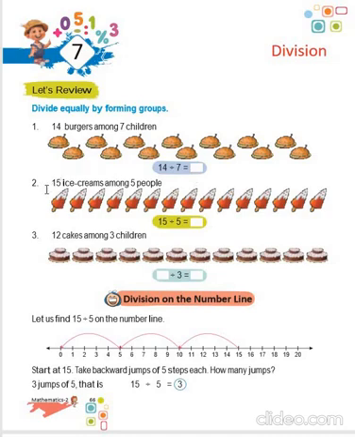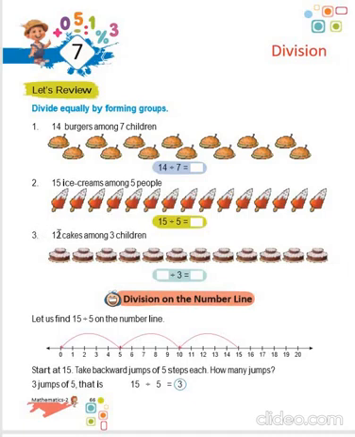In the same way, suppose we have 15 ice creams and these 15 ice creams we have to divide among 5. So each will get 3 ice creams.